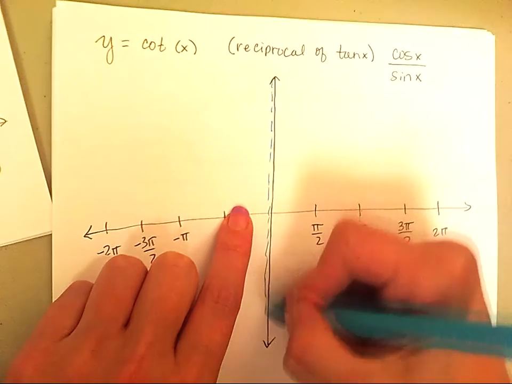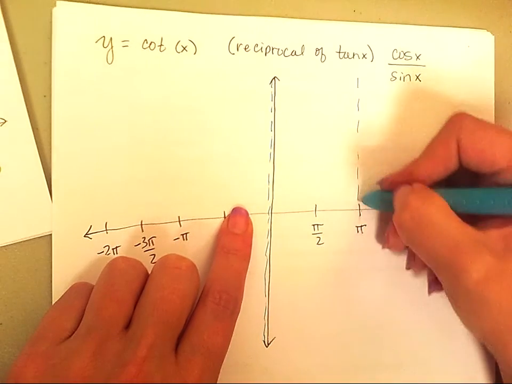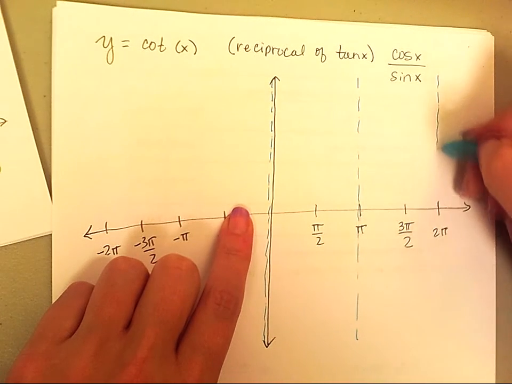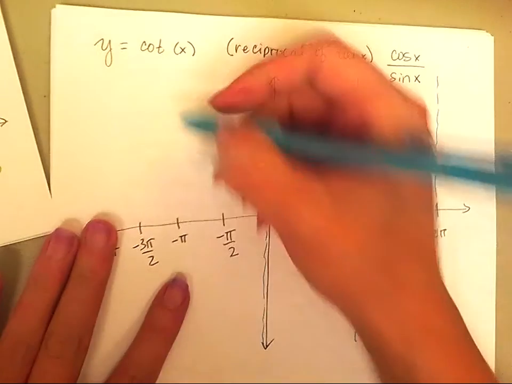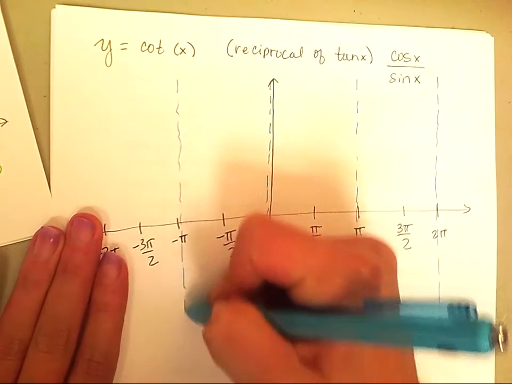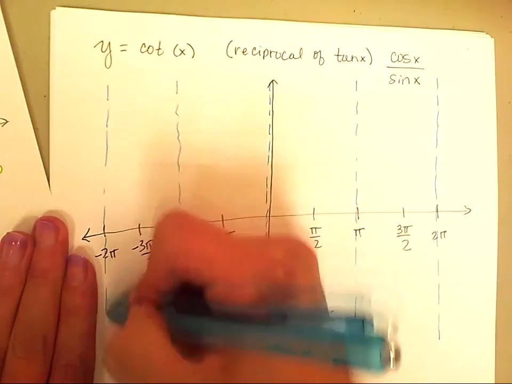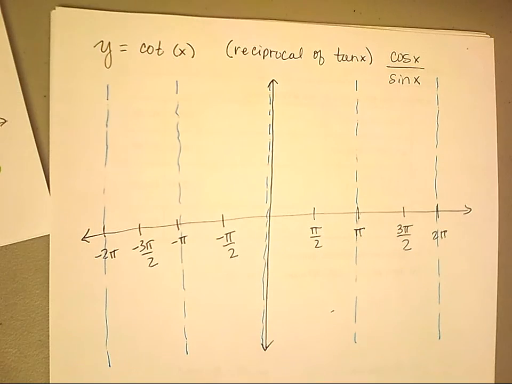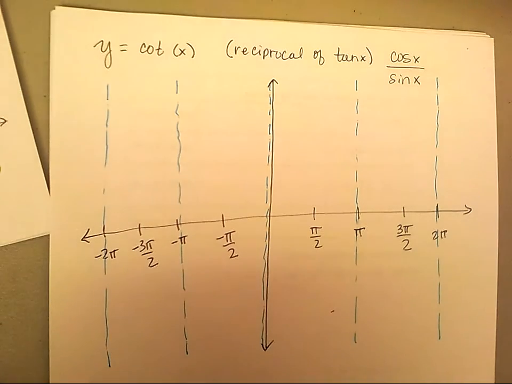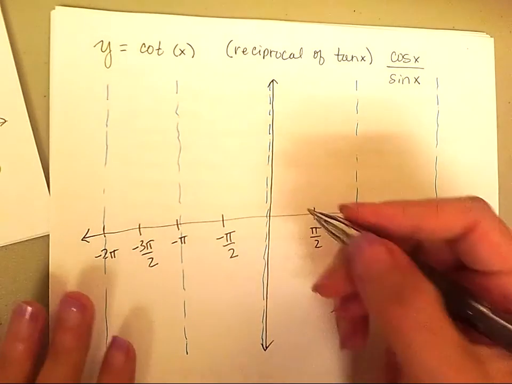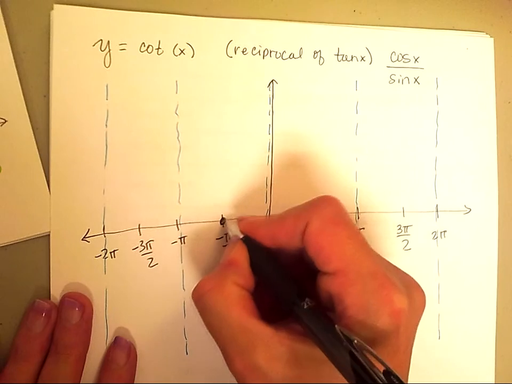So that's where our asymptotes will go in. And then it's going to look exactly like the tangent.